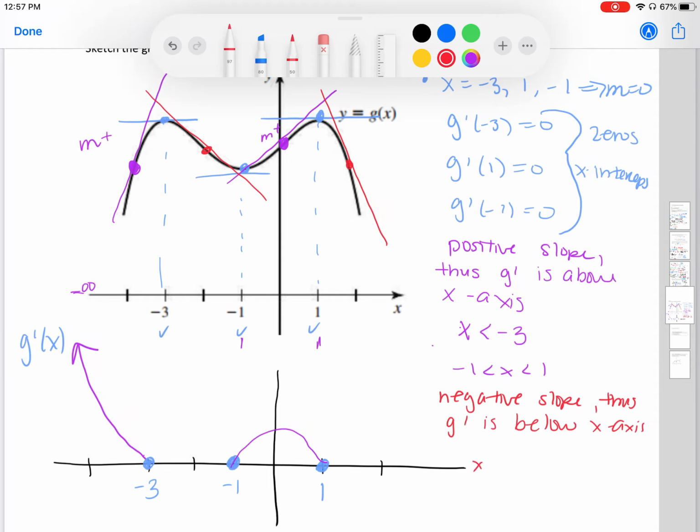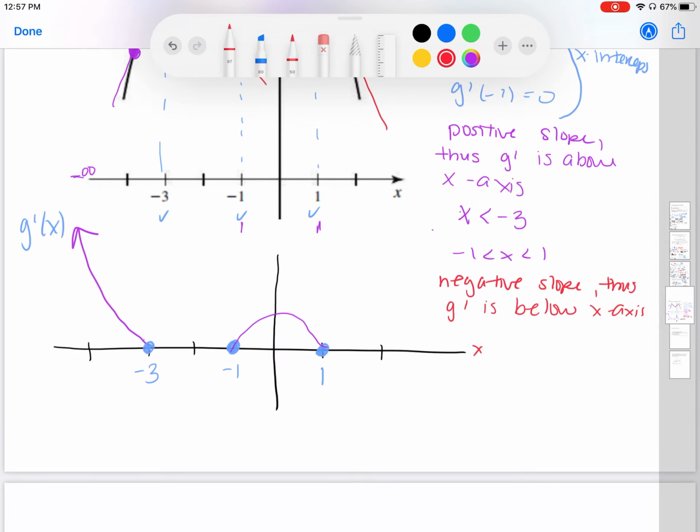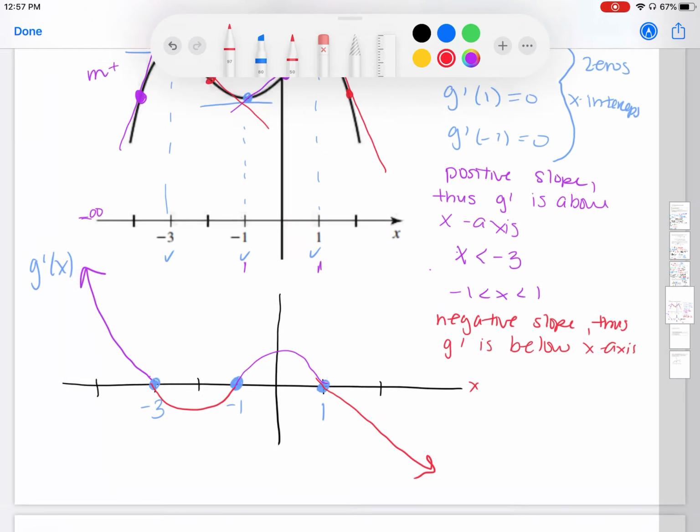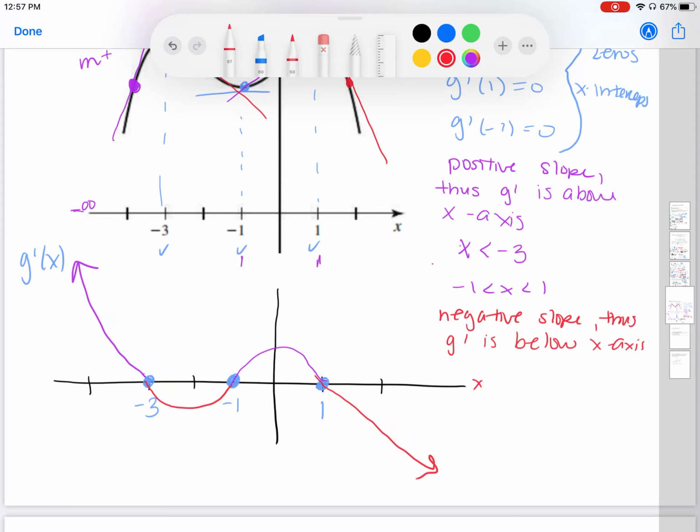So this is your x-axis, and we're going to be below here and below there too. And we have this as our graph for our derivative. Does it remind you of graphing polynomials? Because that's what I was thinking about the whole time.